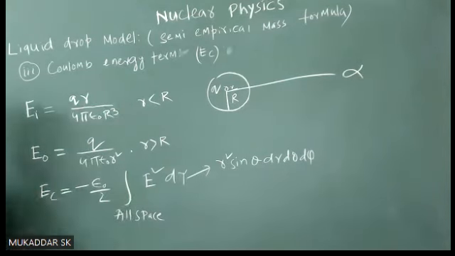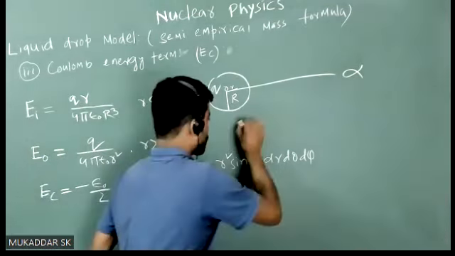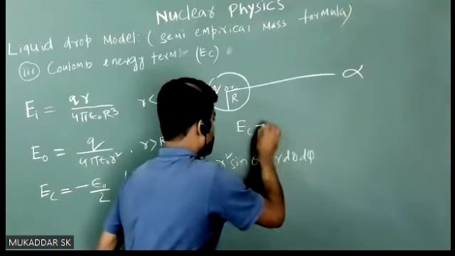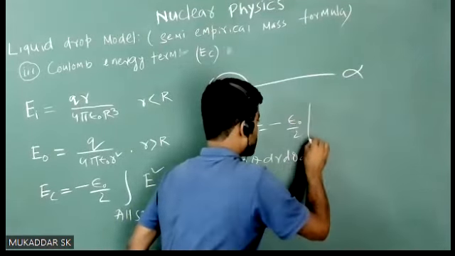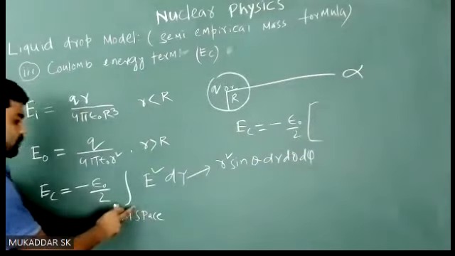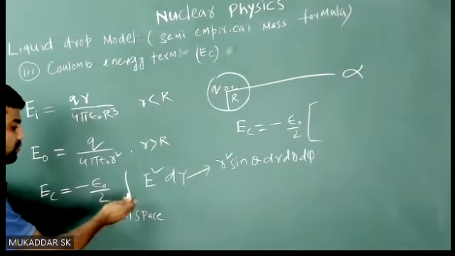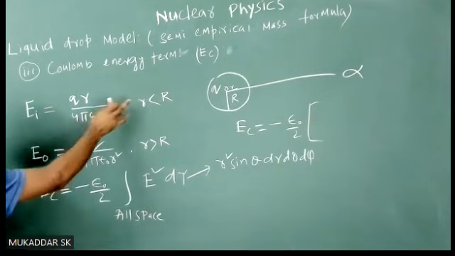So if you write it, I'll write here. So basically what you will get is epsilon naught by 2. Now you see this limit is from 0 to infinity, but the nature of the electric field is changing.